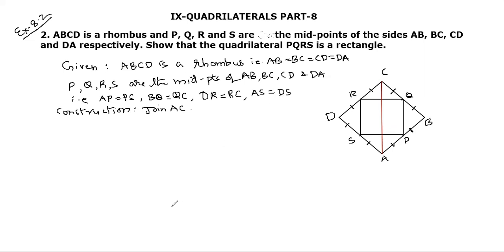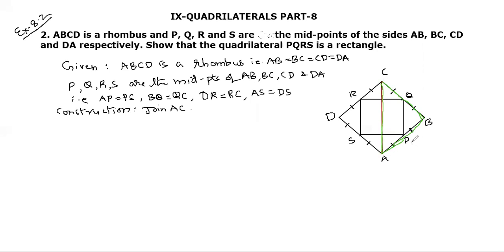Now we have to show that this is a parallelogram. First, see triangle ABC, this green one. Just for showing, I am giving the colors so you can understand this triangle ABC.